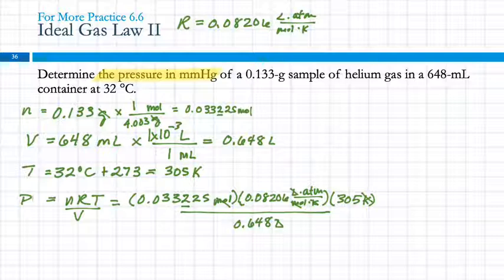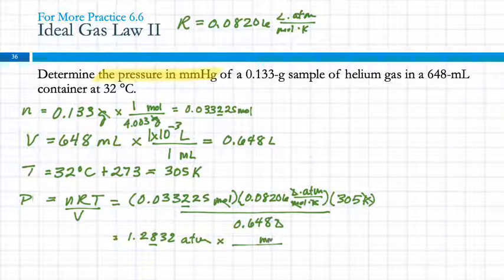So 0.033225 times 0.08206 times 305 divided by 0.648 equals. So I get 1.2832 atmospheres. And the unit requested is millimeters of mercury.